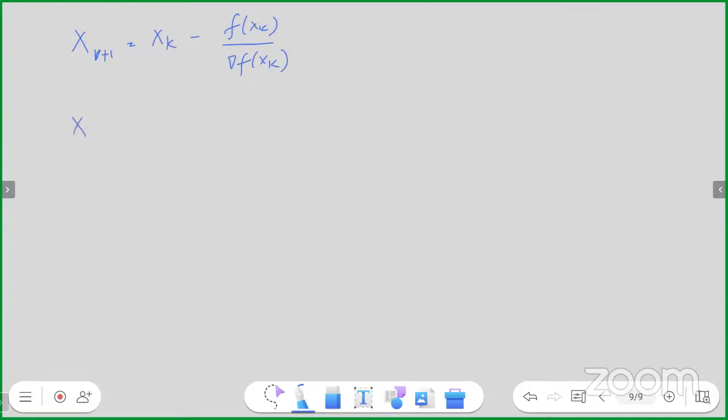So I can write this as x_{k+1} minus x star, because that's what I'm interested in to prove convergence. And now what can I write f of x_k as? f of x_k minus f of x star, because f of x star is 0. I'm just writing something which is 0 minus f of x star.